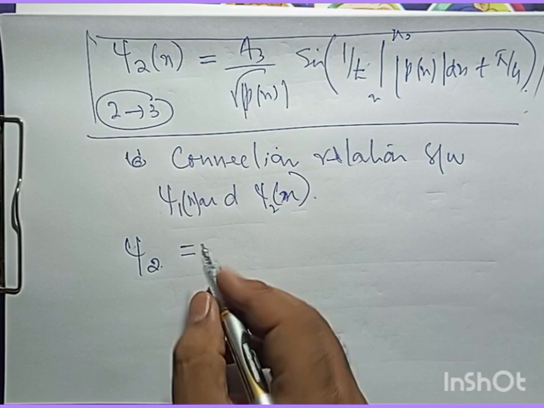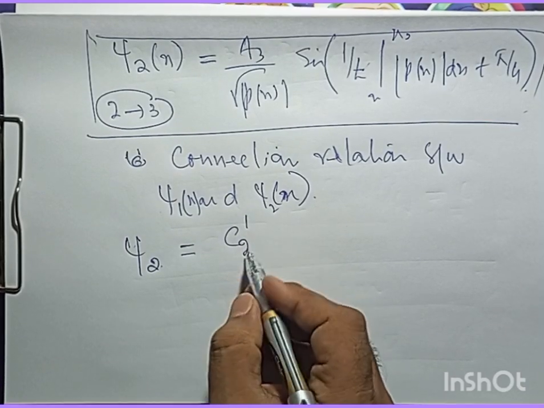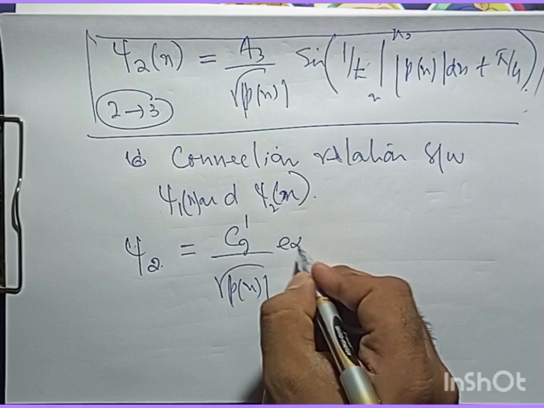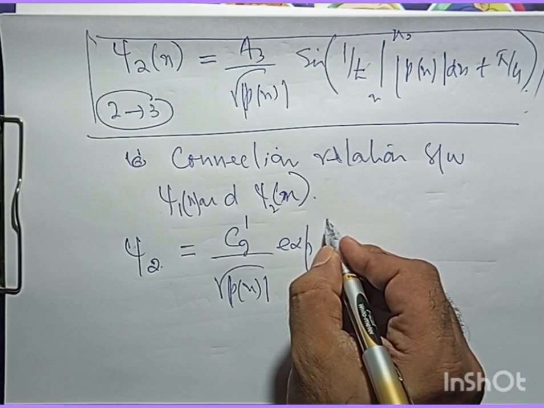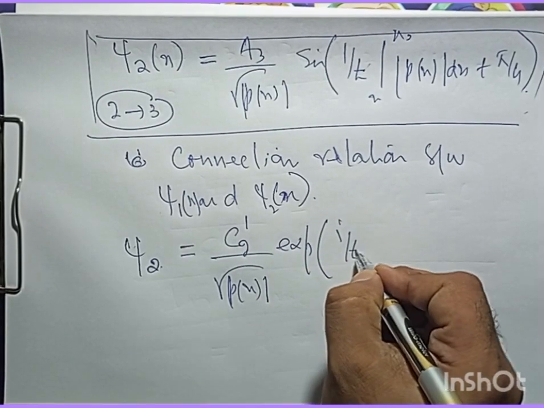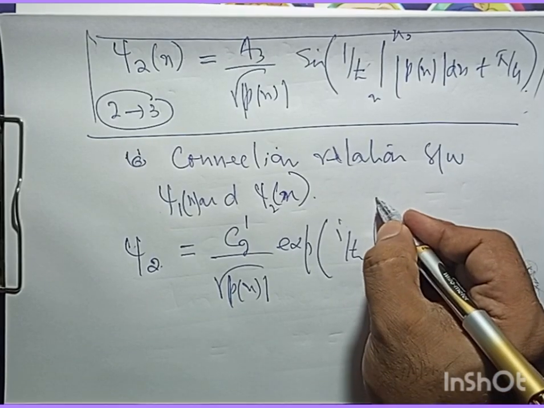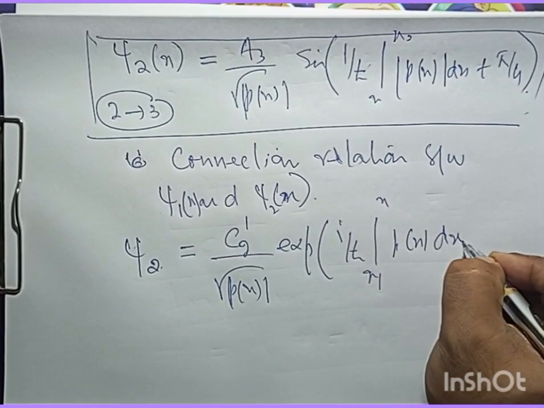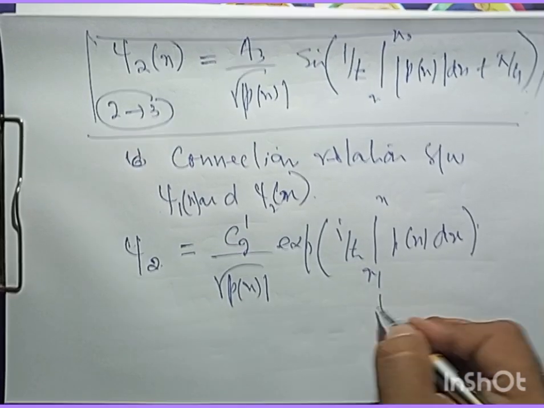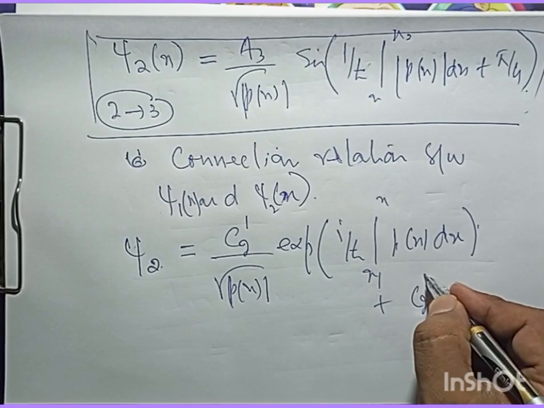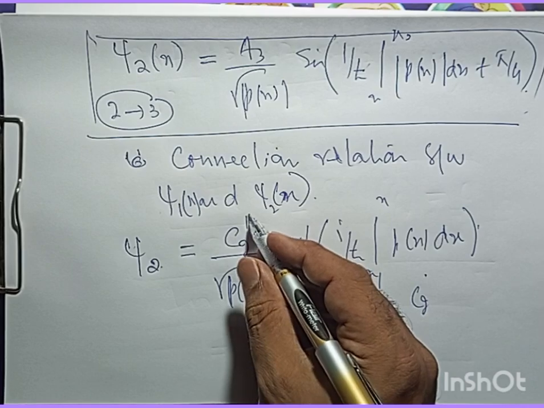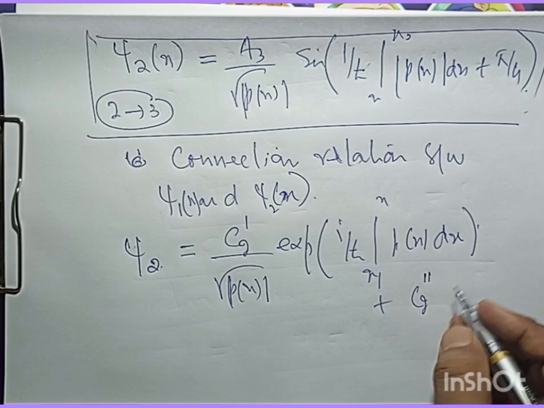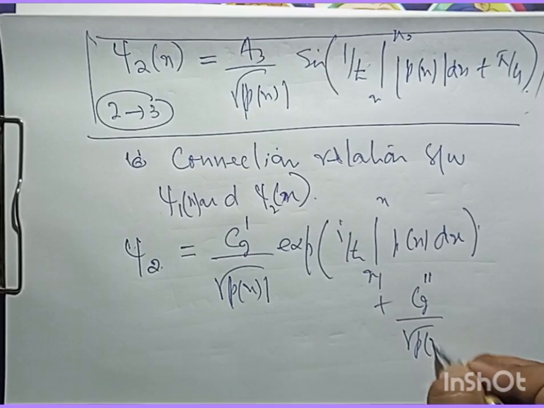So let me introduce a constant c2 dash by under root of p of x, exp, then we have i by h bar integral x1 to x, p of x dx, and then we will have plus c2 double dash by under root of p of x.